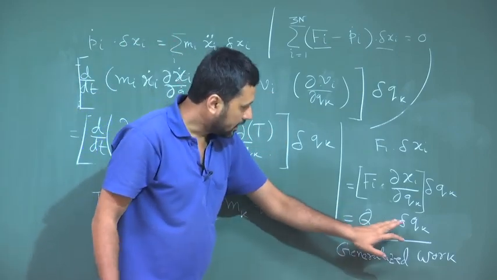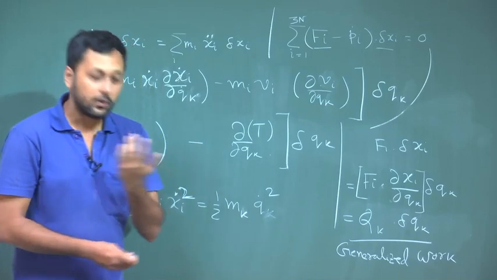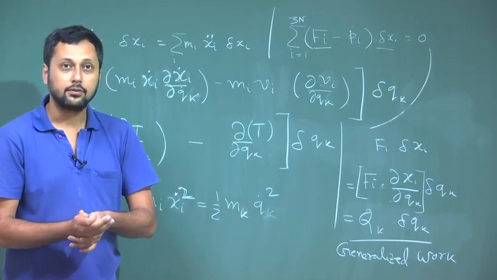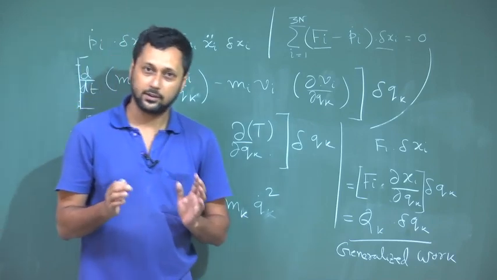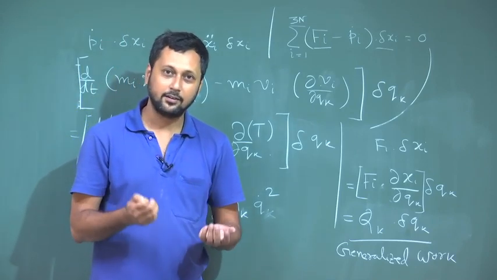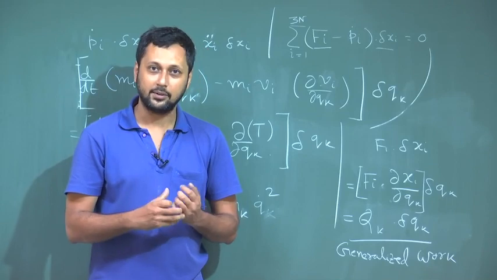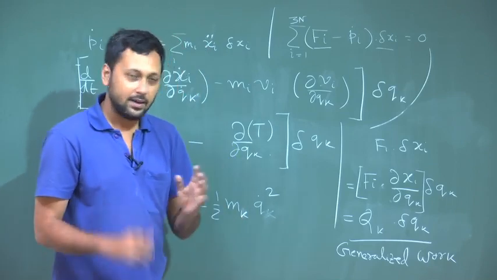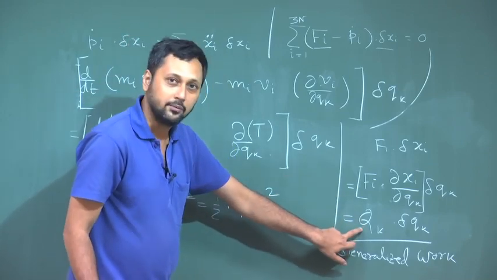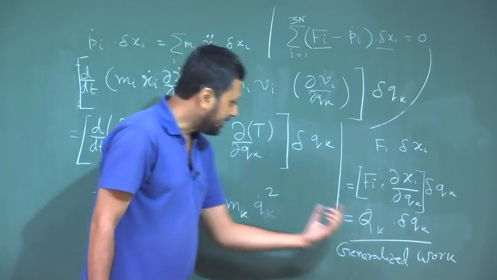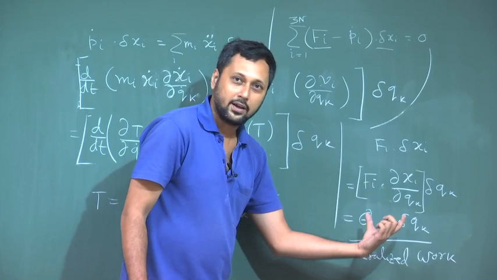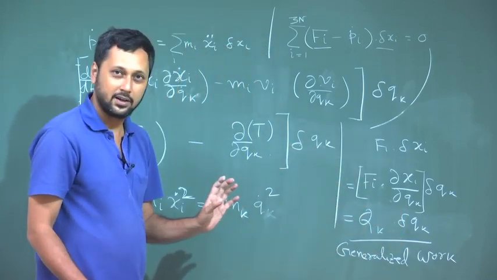Now, if you recall what I told you, generalized coordinates need not necessarily have the dimension of coordinates. Similarly, generalized velocities need not necessarily have the dimension of velocities, and generalized force, which is this term, need not necessarily have the dimension of a force. But the criterion is that the generalized work has to have the dimension of work.